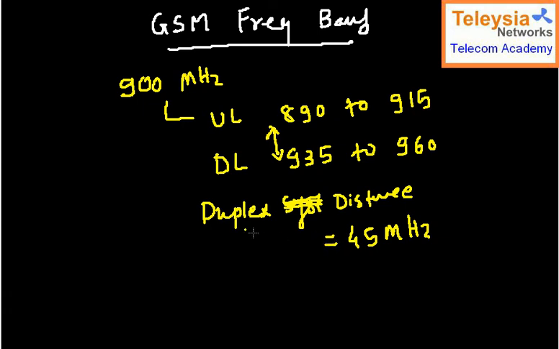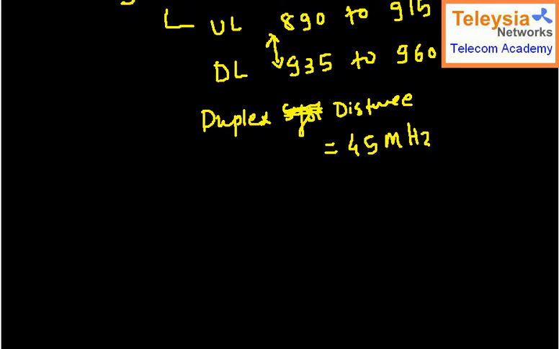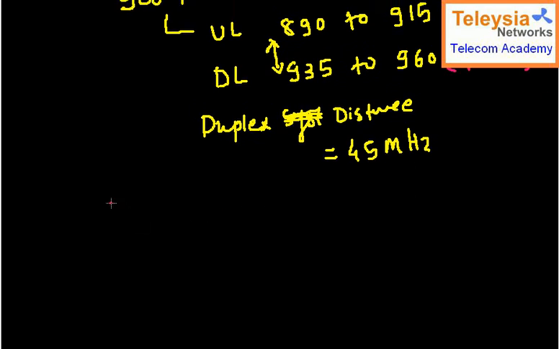Okay, so you can see here we have a total band available. The total band available in uplink in 900 megahertz is 25 megahertz, and in the downlink also we have 25 megahertz. So they are a pair of frequencies. What we do for the 25 megahertz, we divide it into 200 kilohertz.